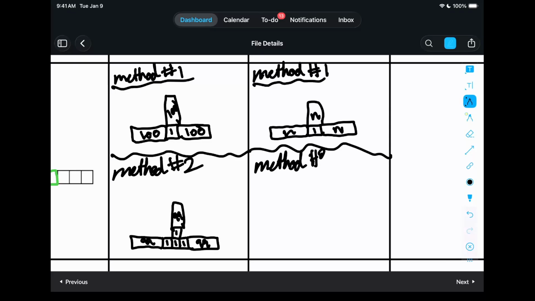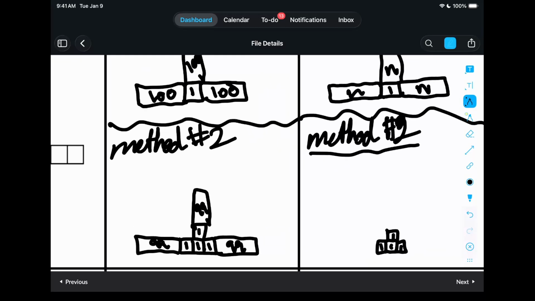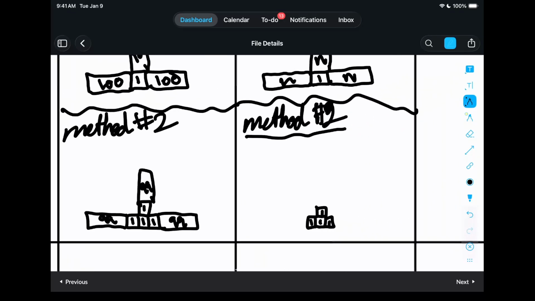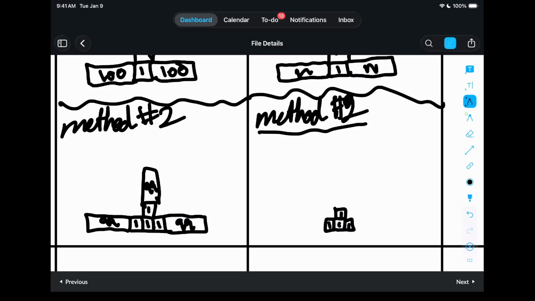For method 2, if we need our 4, right? 1, 1, 1, and 1. We need our numbers. And then each branch, so like looking at this one, each branch in the 100th figure was 99. So it seems like for the figure number, the branches are one less than that.